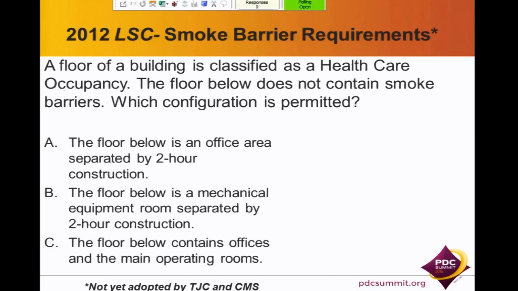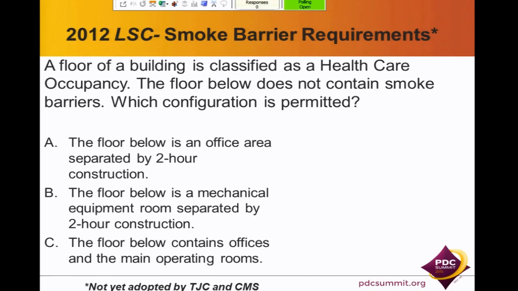Okay, next question. Also a smoke barrier question. A floor of a building is classified as a healthcare occupancy. The floor below does not contain smoke barriers. Which configuration is permitted? And now let me just say that this is permitted by the 2012 Life Safety Code.